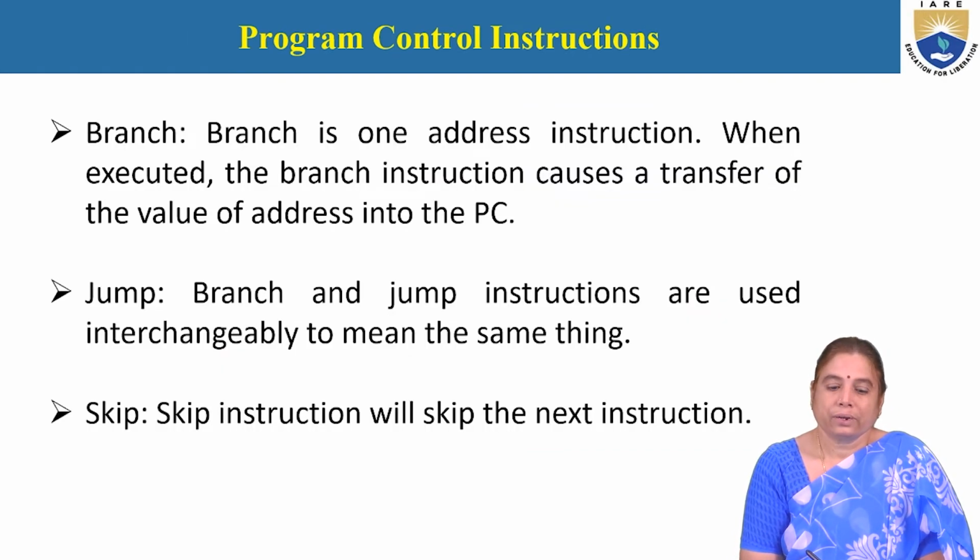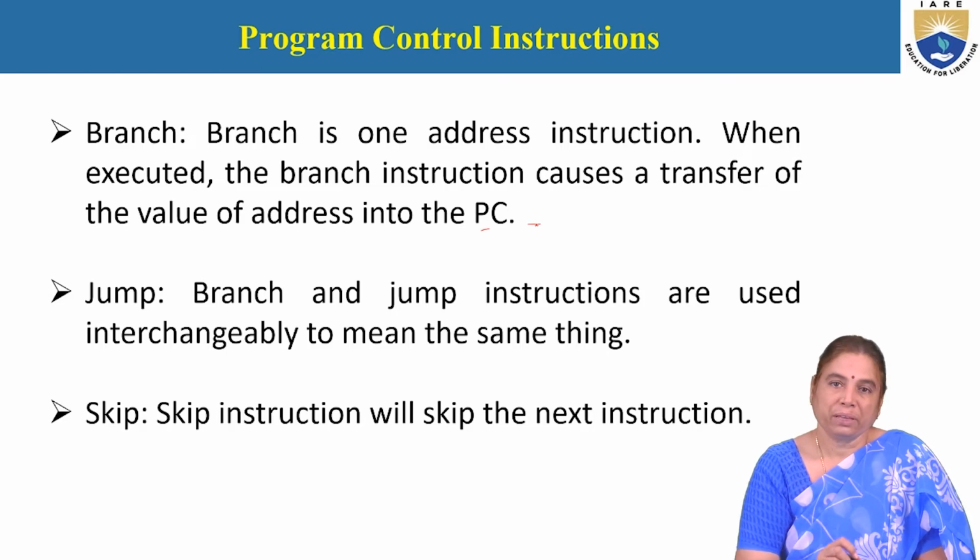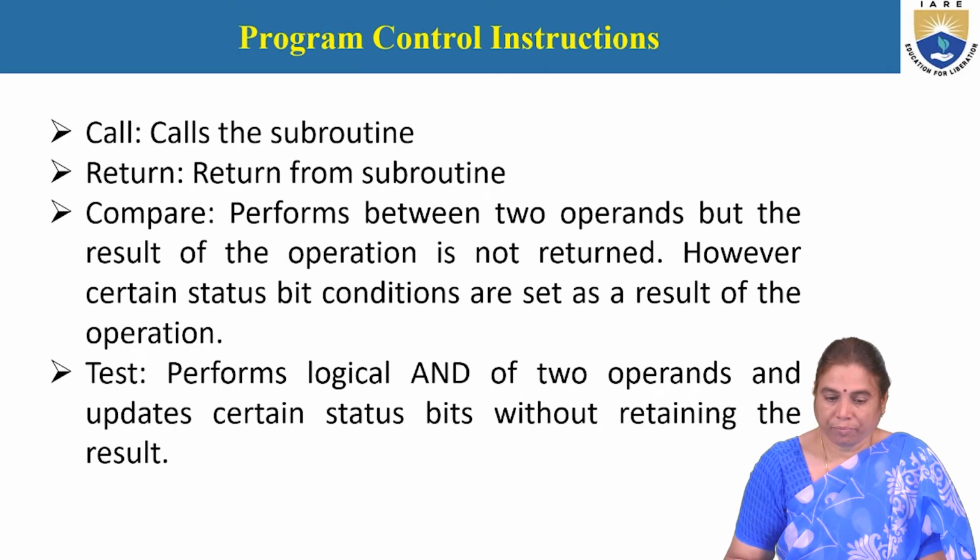The first instruction is branch. Branch is a one address instruction. When executed, the branch instruction causes a transfer of the value of the address into the PC so that the program's execution can be altered. The second one is jump. Branch and jump instructions are used interchangeably to alter the program execution. Skip instruction will move to the next instruction.